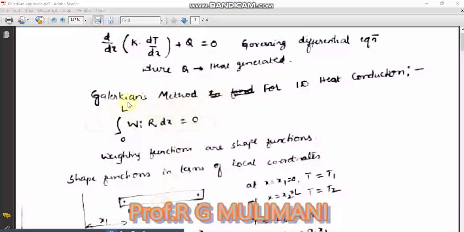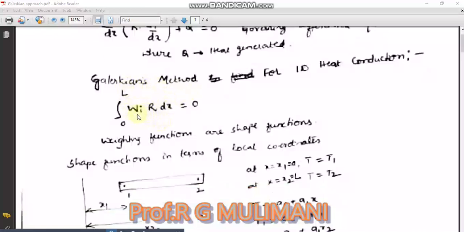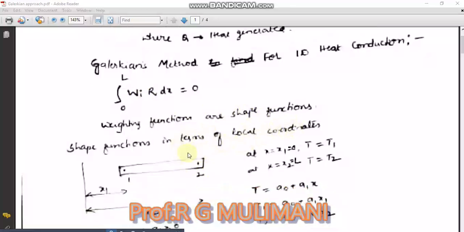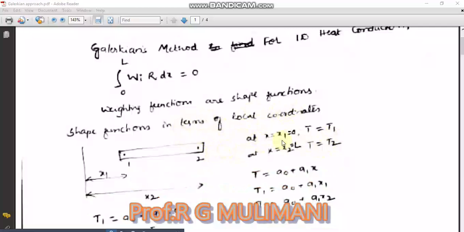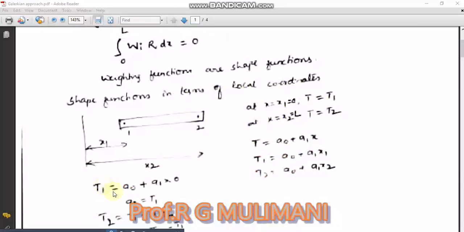You have already seen this in the first module itself. For this derivation, let us assume the weighting functions are the shape functions. As in deriving the shape function, we assume a linear function, that is T equals a0 plus a1x.